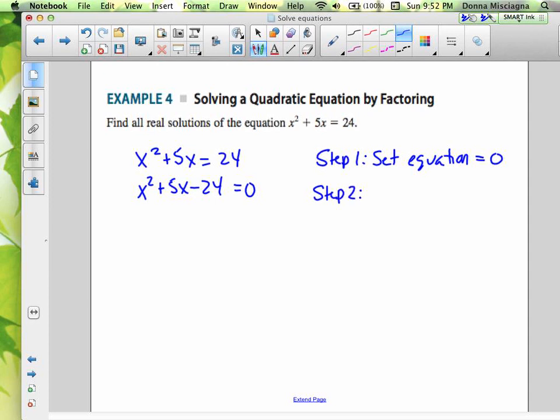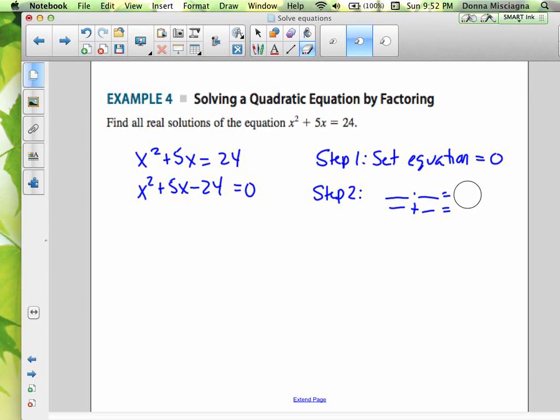All right, so we want to figure out what two numbers multiply to give us a times c, but add to give us b. And it's easier when a is 1, quite honestly. So 1 times negative 24 is negative 24.